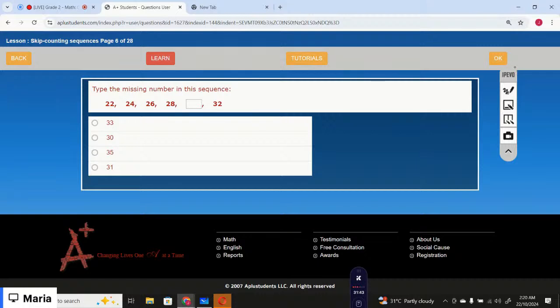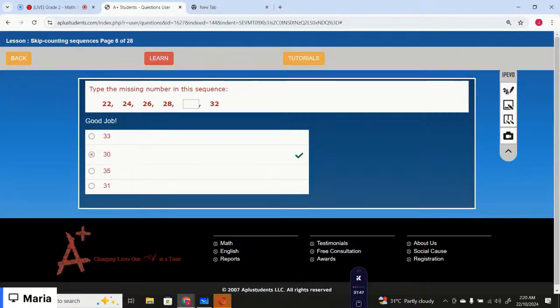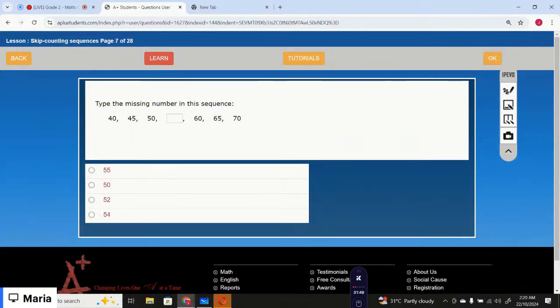Yes, 30 is missing. The missing number is 30. Very good. The correct option is 30. Okay, you can complete the lesson by yourself later today. Let me just move on to the next lesson.